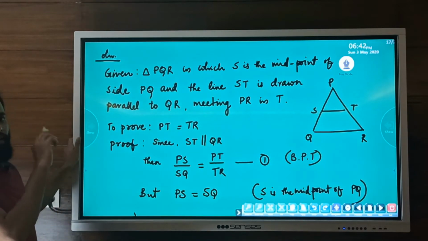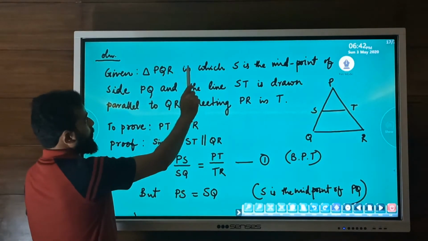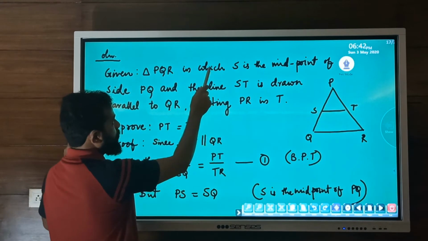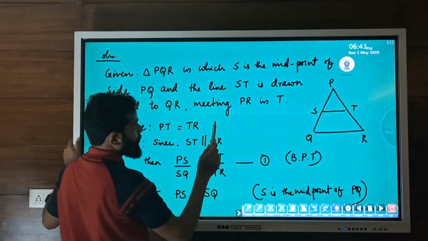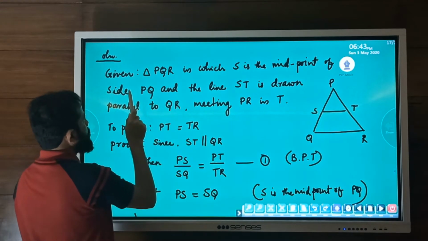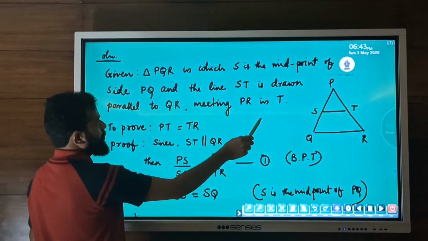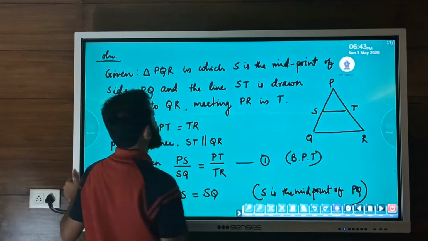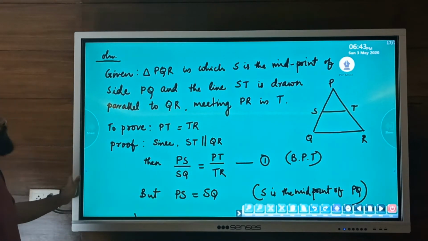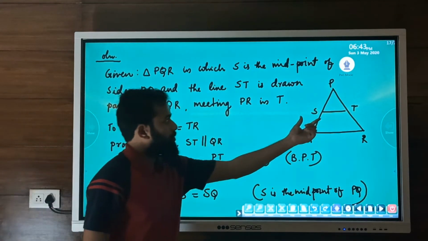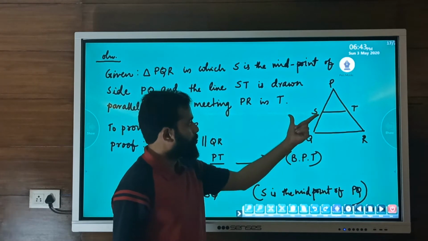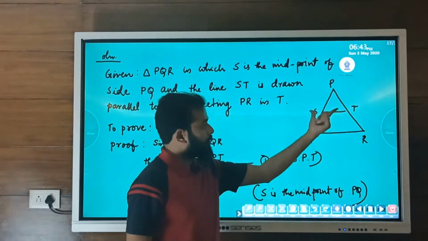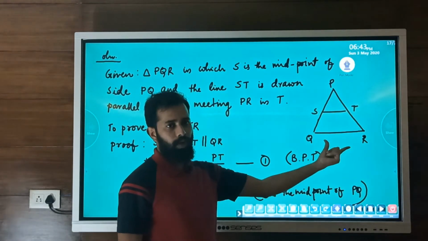So in triangle PQR, S is the midpoint of the side PQ and the line ST is drawn parallel to QR meeting PR at T. This is the line ST, where S is the midpoint of PQ, and we are constructing a line ST which is parallel to QR. Now the third thing we have to prove is that T is the midpoint of PR.